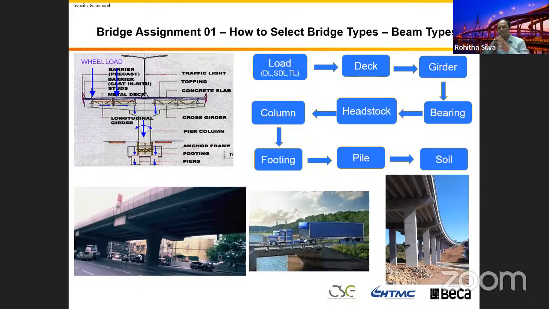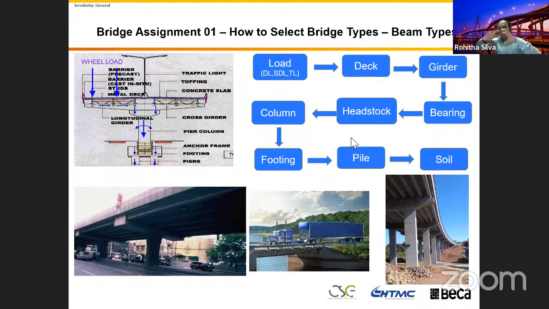Then if I'm going to select a beam slab type structure like shown in this drawing, I girder or super T girder, I explain to you the load transfer mechanism. Because we space the girders apart, the load first goes to the deck, to the bearing, to the headstock, to the column, to the footing, to the pile, to the soil.